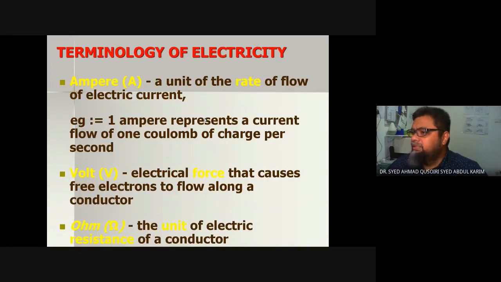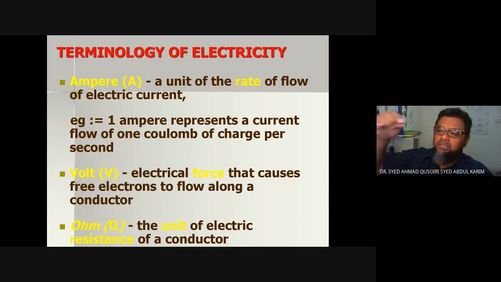Terminology of electricity. Ampere is a unit of the rate of flow of an electric current. Okay, 1 ampere represents a current flow of 1 coulomb of charge per second. To imagine this, we can see it like water going through your typical garden hose.